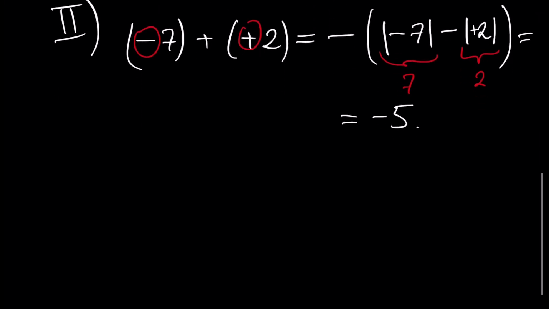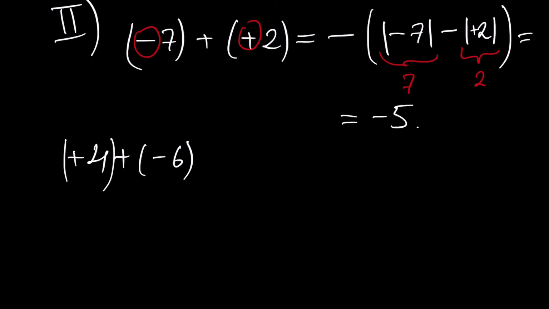Another example, 4 plus minus 6. So we have addition, and here the signs are different, so addition is performed once again.